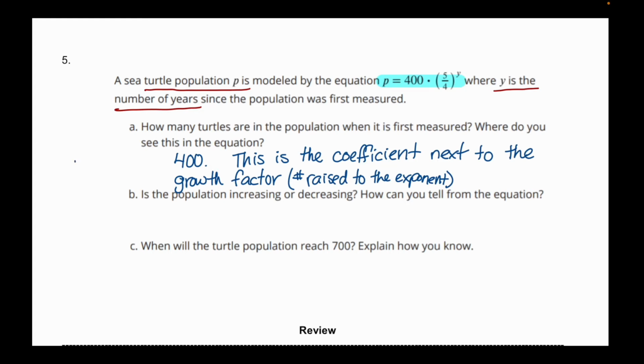Or you could really just say 400 times this to the power of y, which was 5 over 4. Then we can highlight this and say right there.